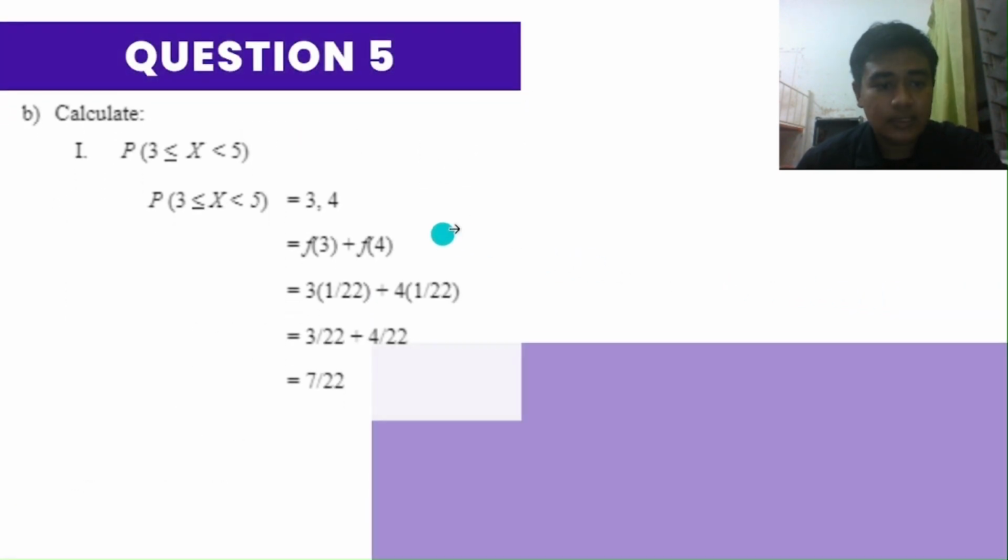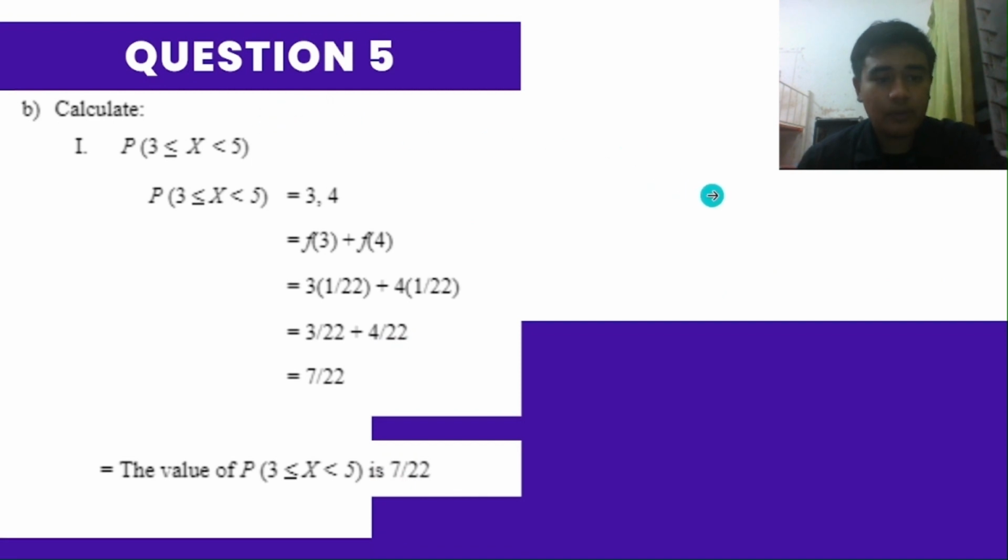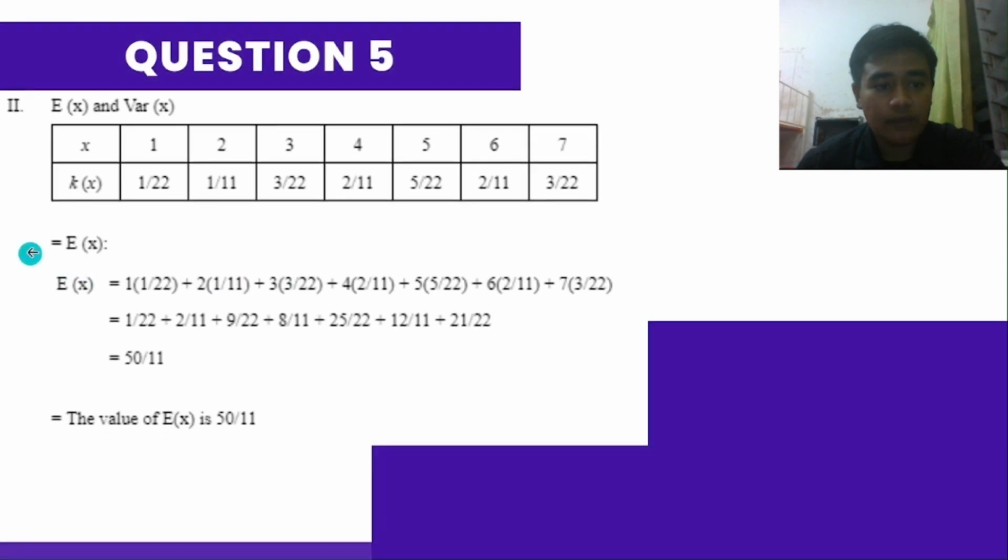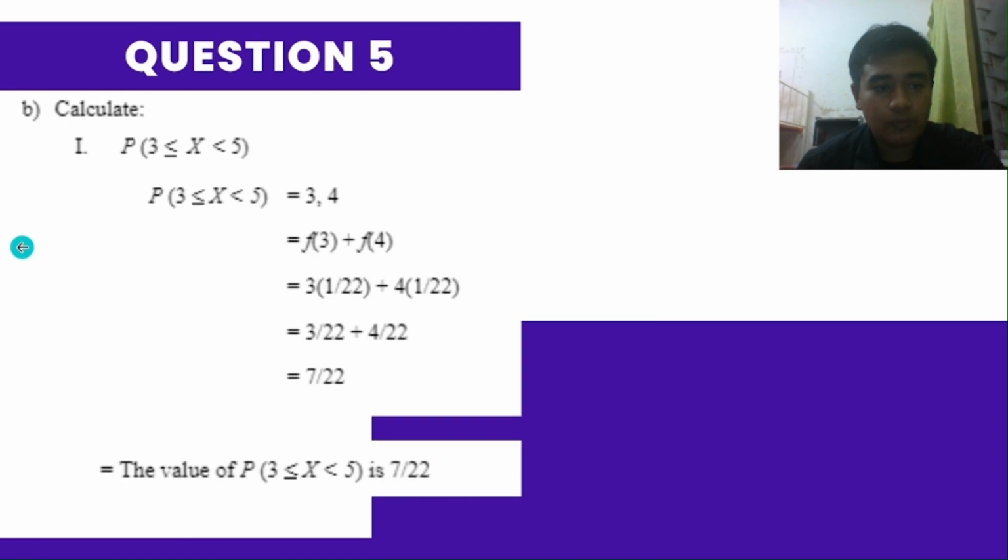Next, for question B, we have two questions. First, we need to find the value of P within 3 until 4, because this is bigger than or equal, and this is smaller than 5.